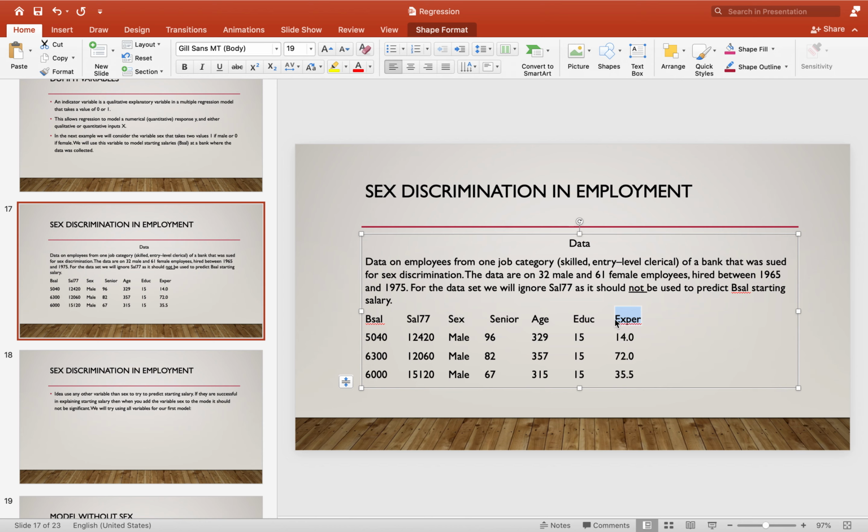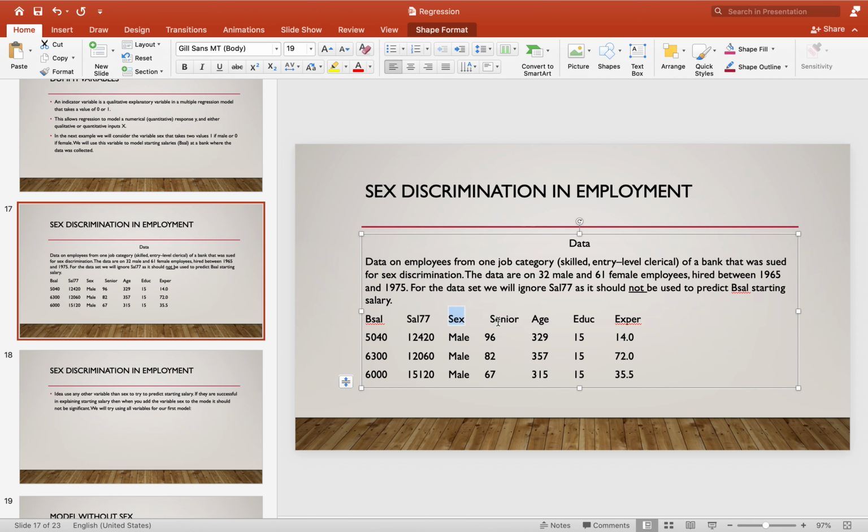Now, I will say, starting salary could be determined by this variable sex, and we have ways of determining if it is likely determined by sex, which is via the p-value. So remember, the p-value would tell us if sex male is important and should be included for predicting starting salaries, base salary, or not.